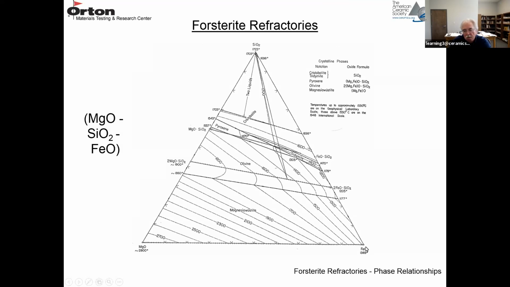And depending on the ratio of FeO to SiO2, you can be in this region here where you have some low melting materials. You can see the temperature is 1305, 1470, 1177. So if you're in this region, you can also have some low melting materials.